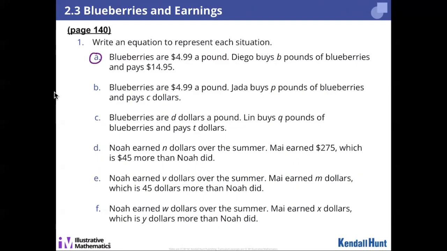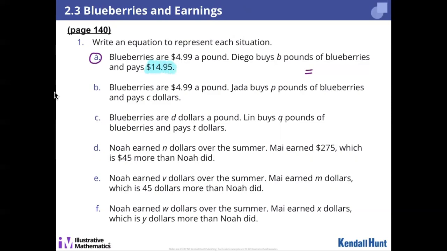$14.95. So one thing that we want to think about in a scenario is what things make sense to go where. Because anything that's in an equation world, we know we're going to have to start with an equal sign. And the question is going to be what's going to go on either side. So the first thing that it says is blueberries are $4.99 a pound. Diego buys B pounds of blueberries and pays $14.95.